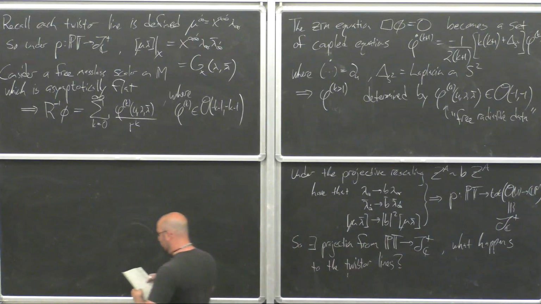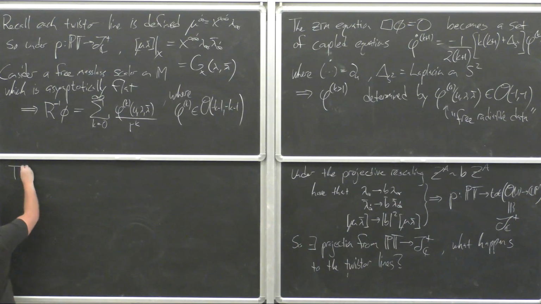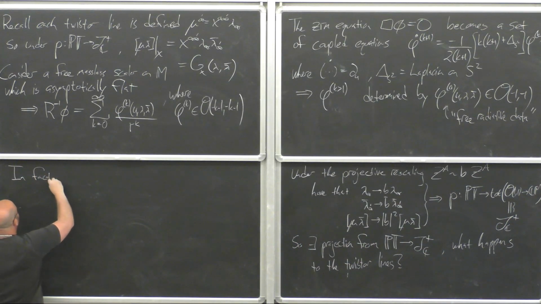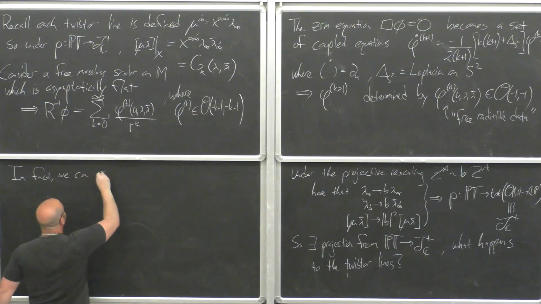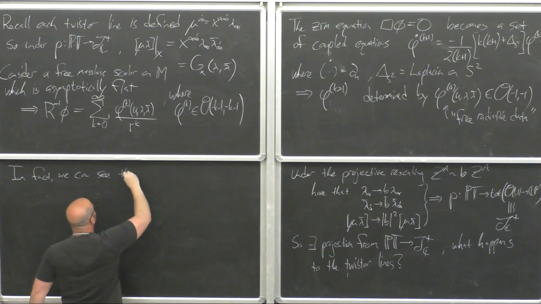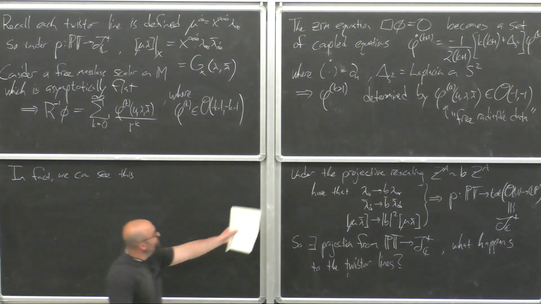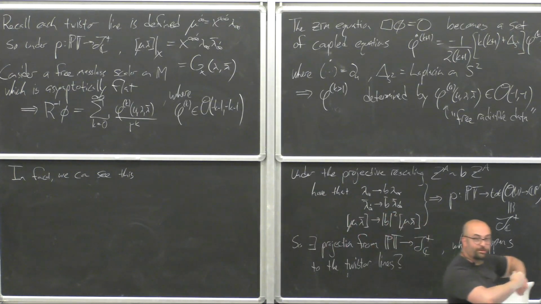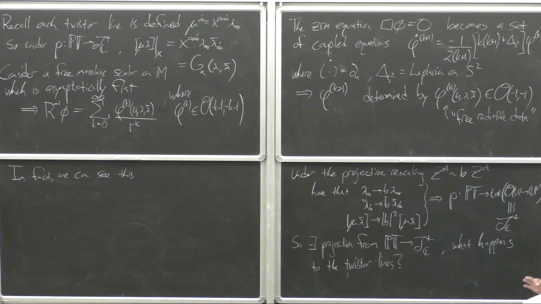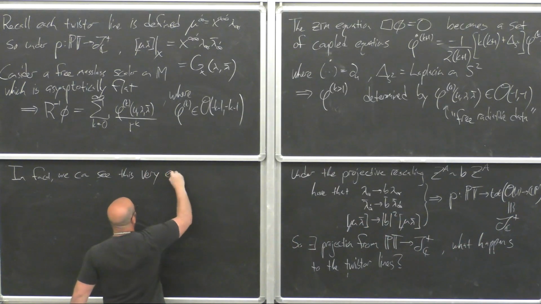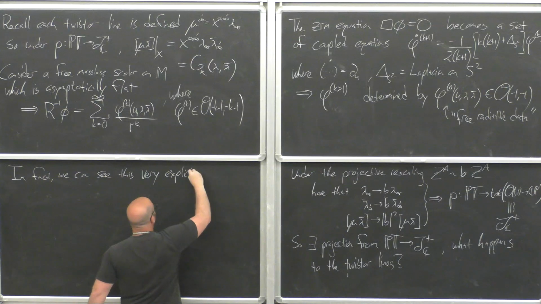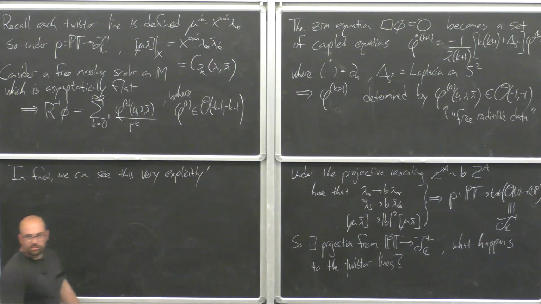Okay, so in fact we can see that this is the free radiative data, and that it can uniquely determine the zero rest mass field extremely explicitly, thanks to an awesome integral formula, which is not, I think it's fair to say, widely known, called the Kirchhoff-d'Adhémar integral formula.